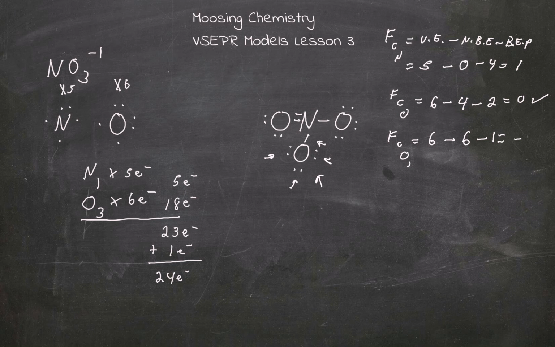So let me erase these other marks here real quick. But I want you to notice something: this oxygen right here is the same as that oxygen right there. So in essence we have 2 minuses because both those oxygens are the same.